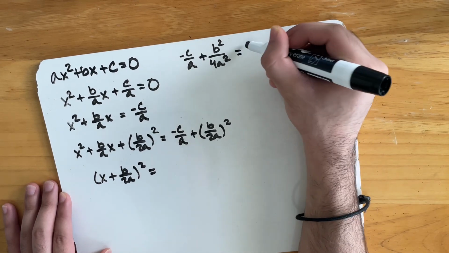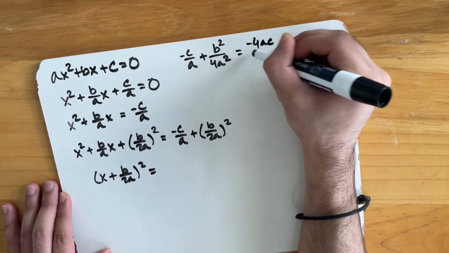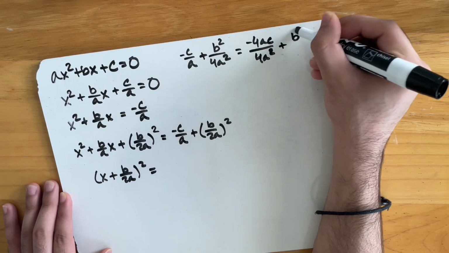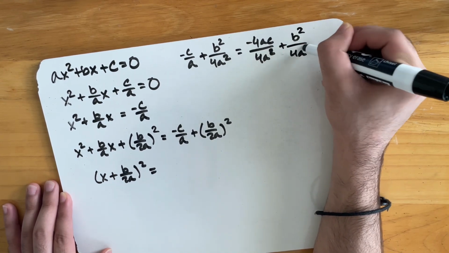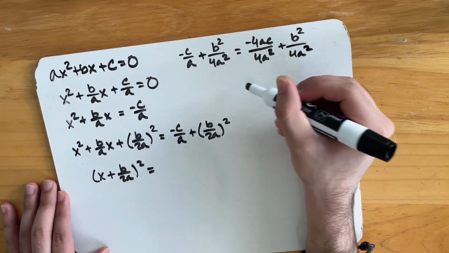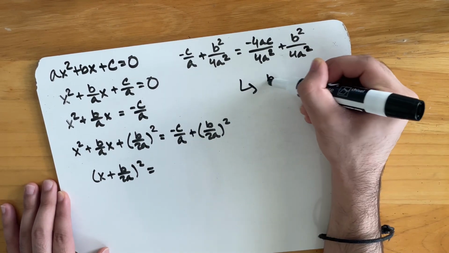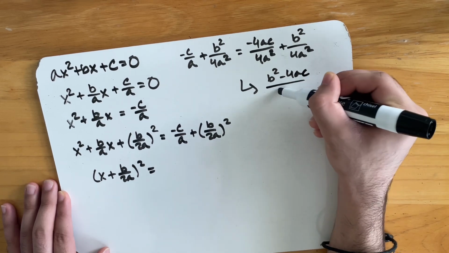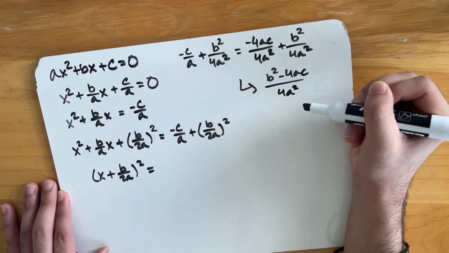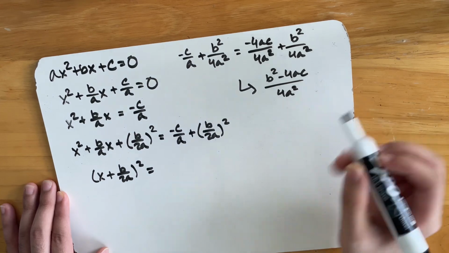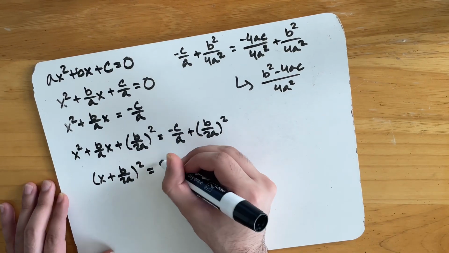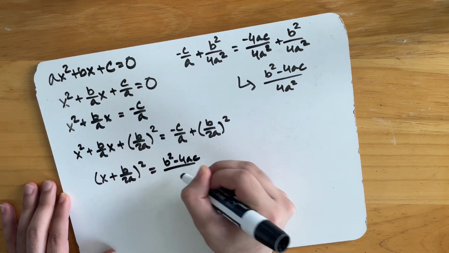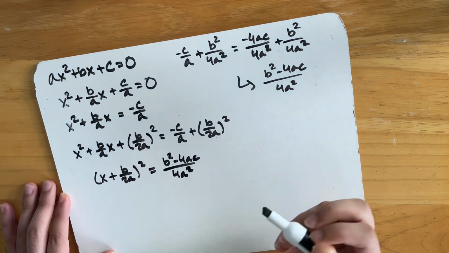So I'll get negative 4ac over 4a squared plus b squared over 4a squared. Do a little simplification, and we get b squared minus 4ac over 4a squared. And now I'll just plug that right here: b squared minus 4ac over 4a squared.